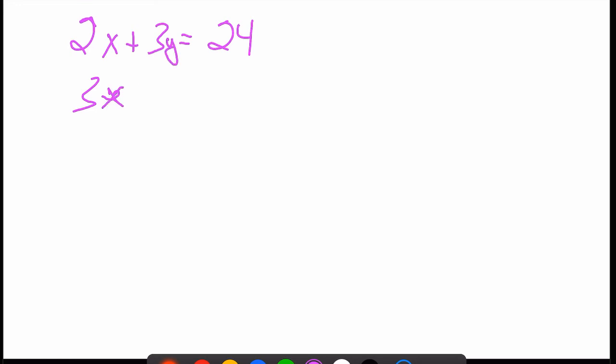And 3x plus 6y equals 48. And don't do that. I mean, it's a bad set of numbers, but we could also do this with this being less than, or less than or equal to.